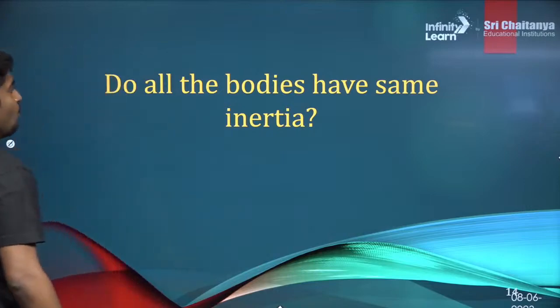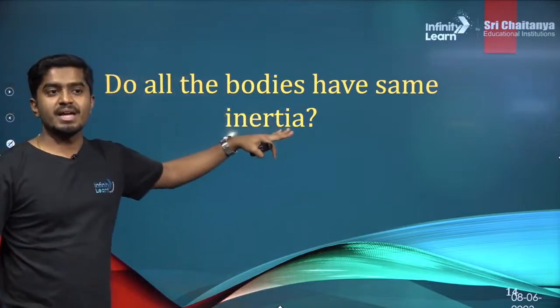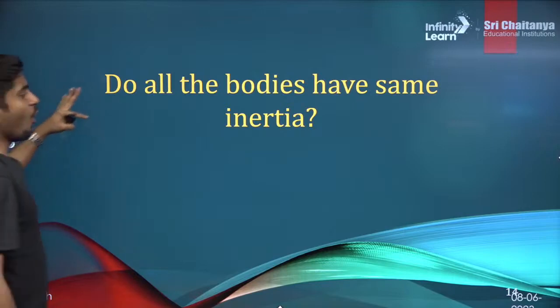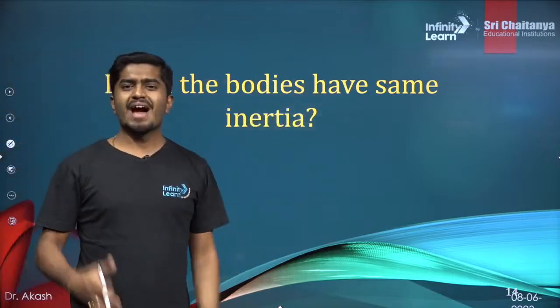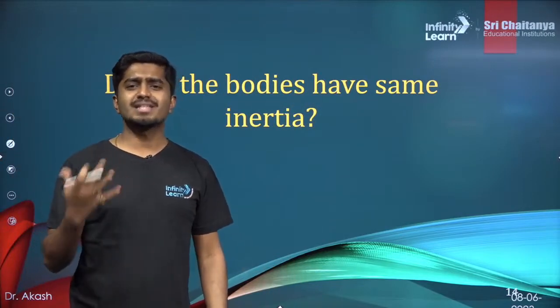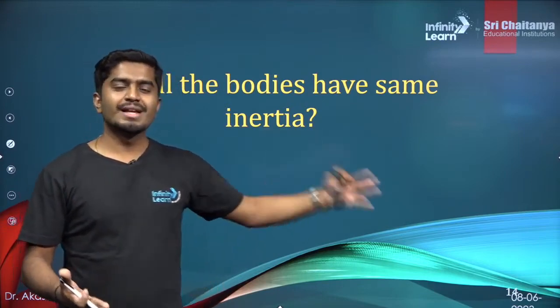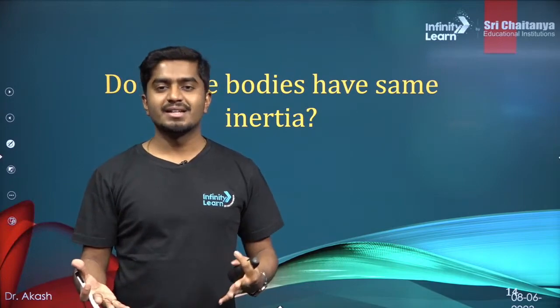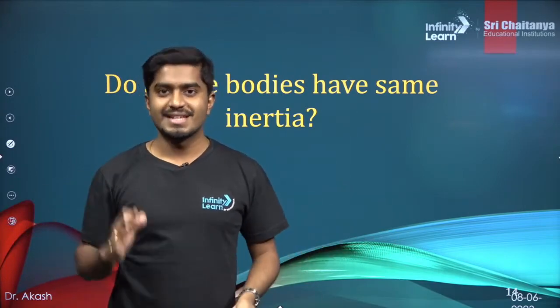Now, do all bodies have the same inertia? What do you think? Do all the bodies in the world have the same inertia? Obviously not, right? Some people are more lazy, some are not that lazy. So how do you determine who is more lazy and who is less lazy?